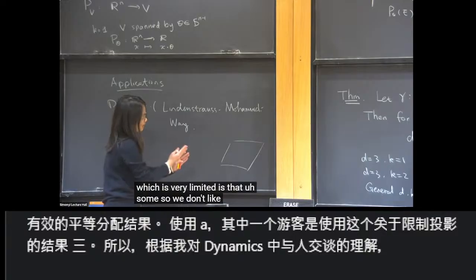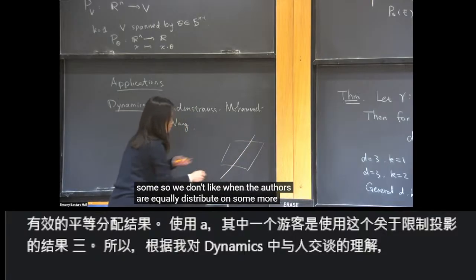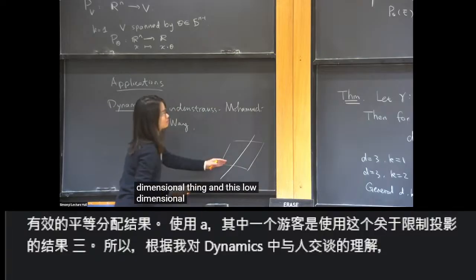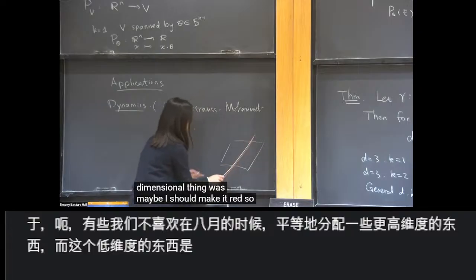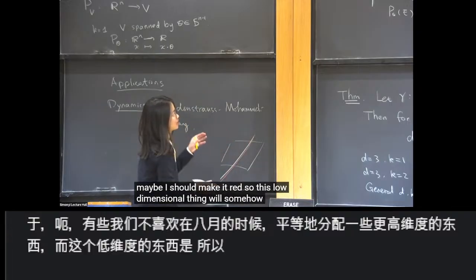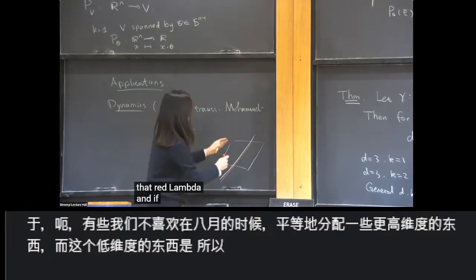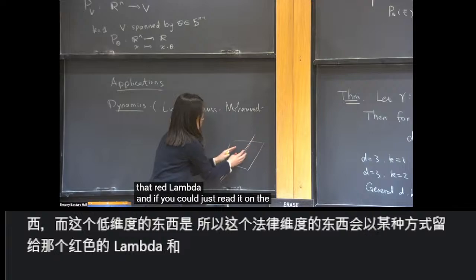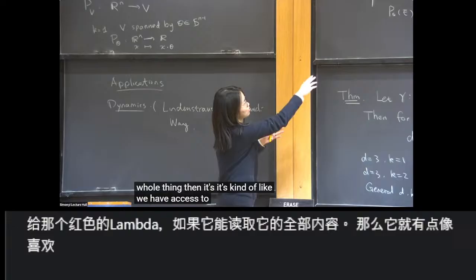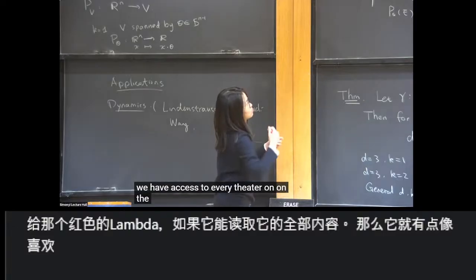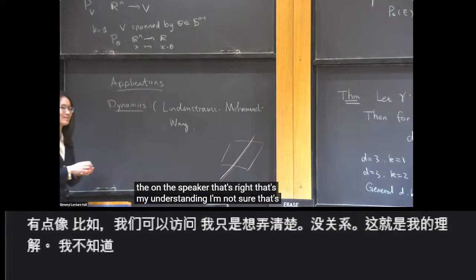So from my understanding from talking to people in dynamics, which is very limited, is that we look at when the orbits are equidistributed on some low dimensional thing, and this low dimensional thing will, maybe I should make it red, this low dimensional thing will somehow lift to that red lambda, and if it's equidistributed on the whole thing, then it's kind of like we have access to every theta on the sphere. That's my understanding. I'm not sure that that's correct.